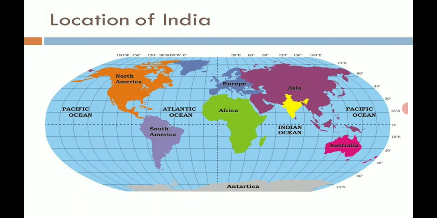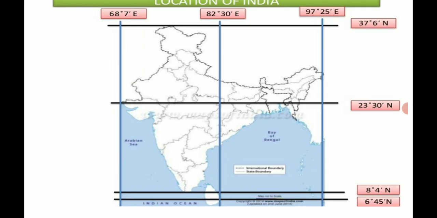So you can see here again I have put the location of India. Where is India here? If we see in the continent, it lies in the northern hemisphere. The latitude extends between 8 degree 4 minutes north and 37 degree 6 minutes north. The longitude extends between 68 degree 7 minutes east and 97 degree 25 minutes east.